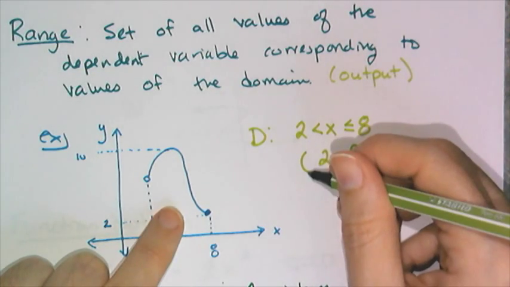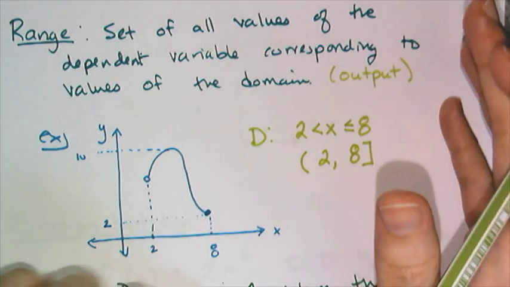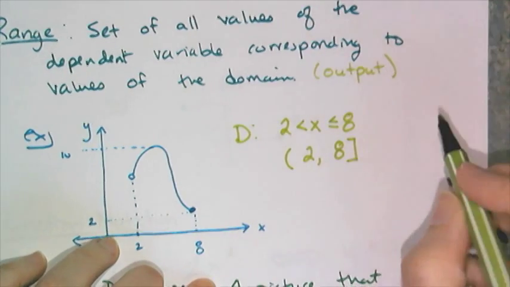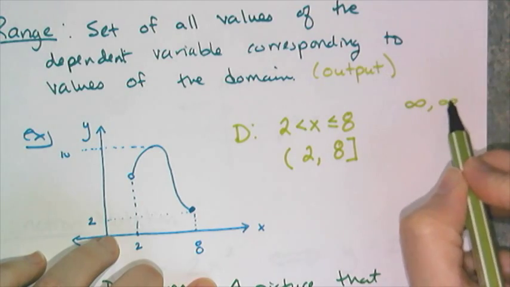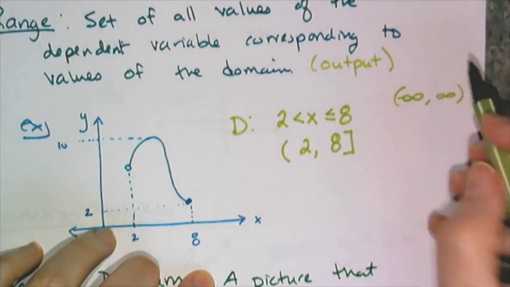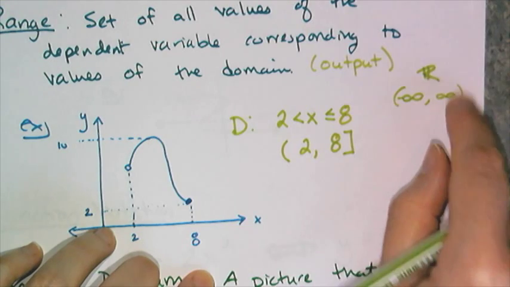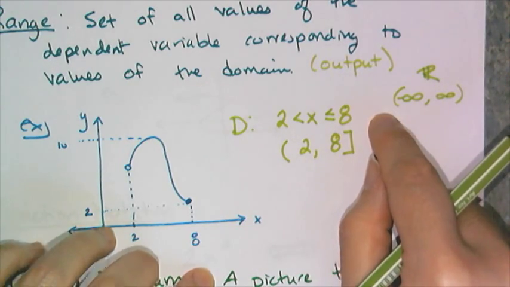So parentheses for open, bracket for closed. And if your domain or range goes towards positive or negative infinity, the lemniscate, the infinity symbol, always gets parentheses. So this is another way to write the set of real numbers from negative infinity to positive infinity. Use parentheses for exclusive boundaries.